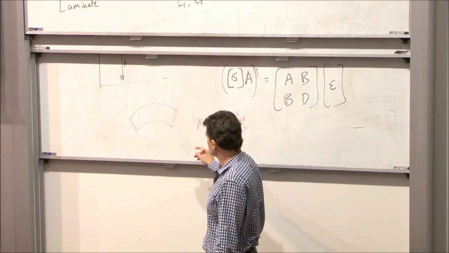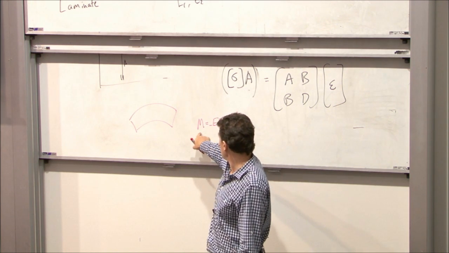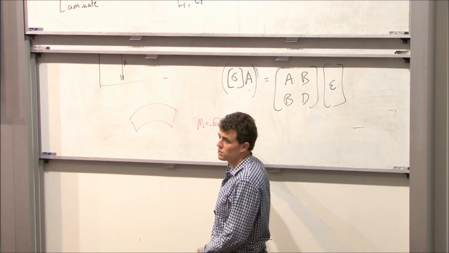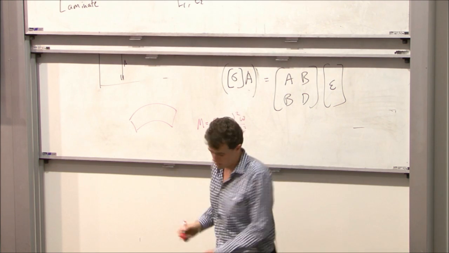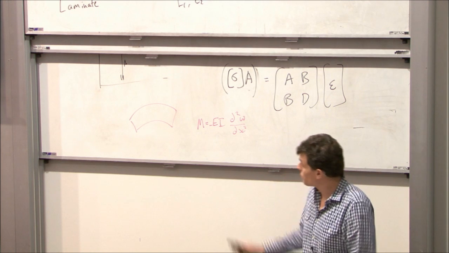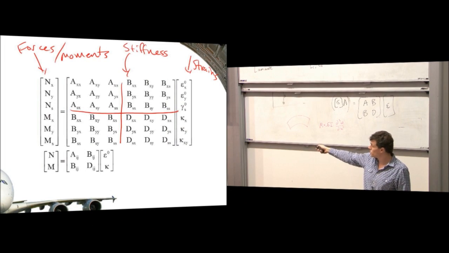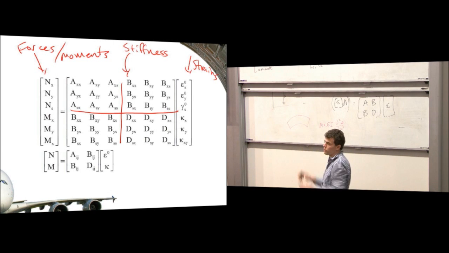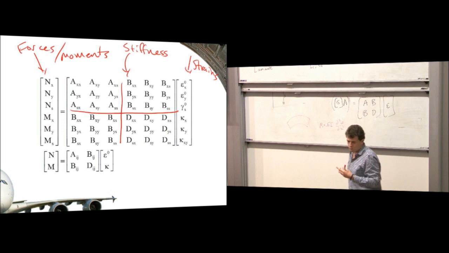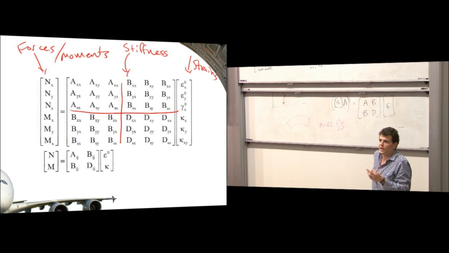Okay, so for any isotropic material, the moment and the curvature are related to each other. So that's what we've got in the lower right-hand corner here. For isotropic materials, we would only have a very sparsely populated set of terms here. The rest are what are exotic. They're only things that happen in orthotropic or anisotropic laminated materials, and composites can have very, very strange properties.